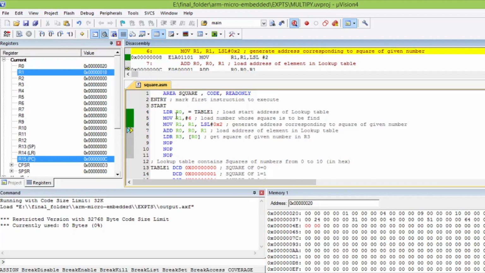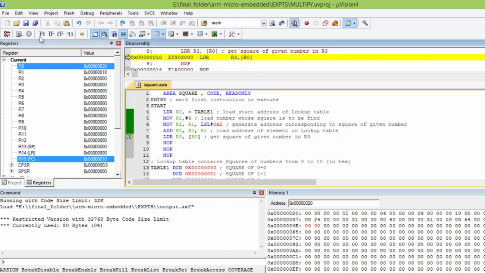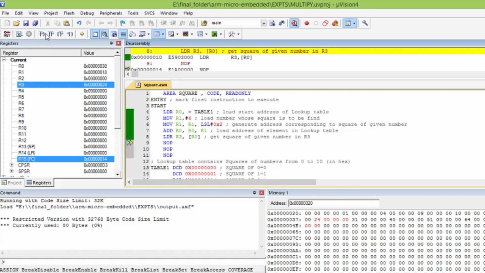But in hexadecimal it is 18. Then it is added with initial value of the address, that is 20. So that will now point at this particular location. Okay, that's all.